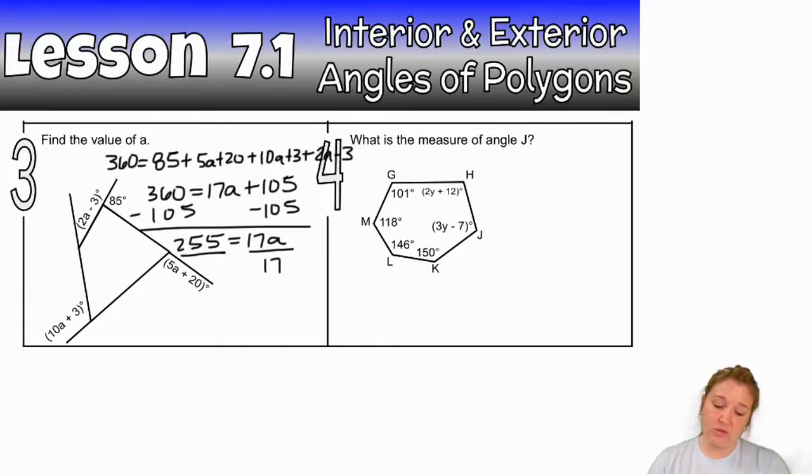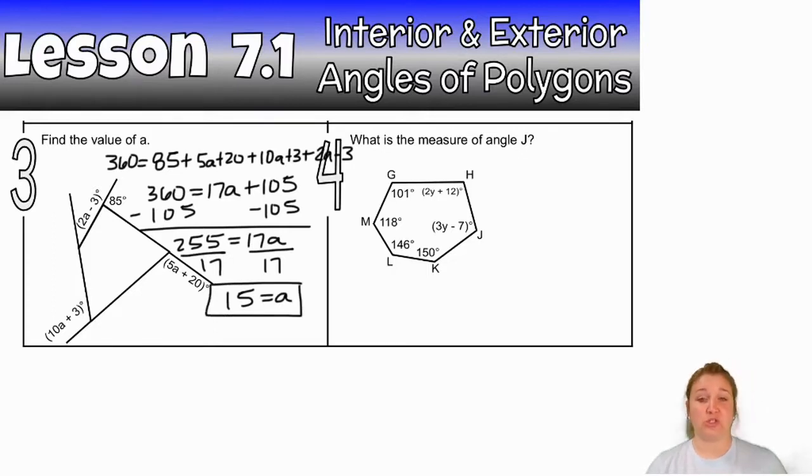And the last thing you do is divide by 17 on each side. And so 15 is equal to a. We were just trying to find the value of a, not a specific angle measure. But you could be asked that, and you just replace that a with 15 and figure out that angle measure.